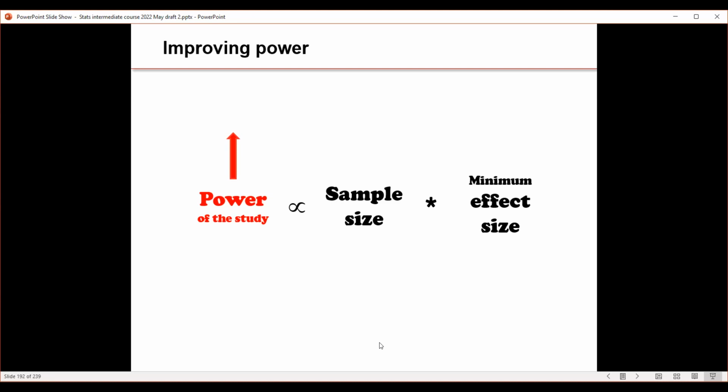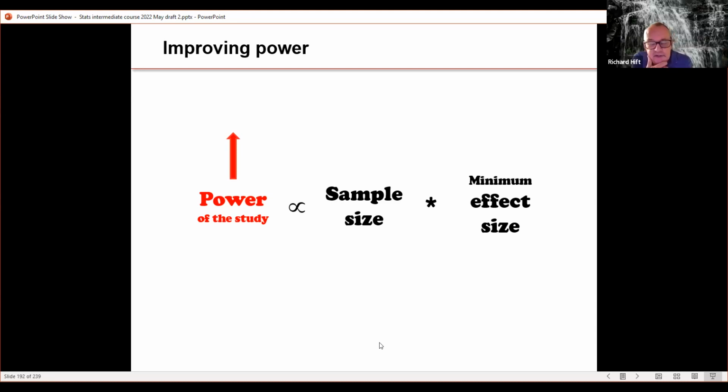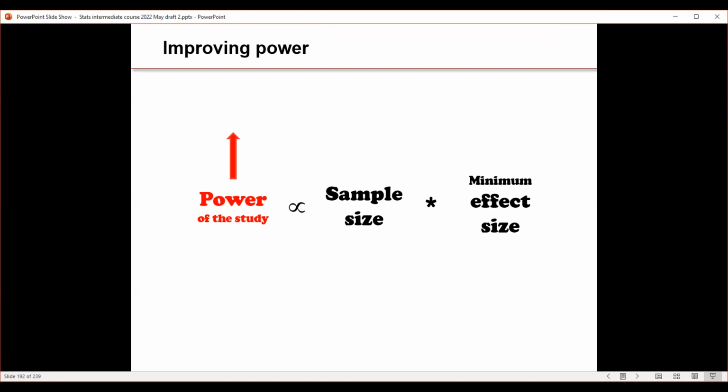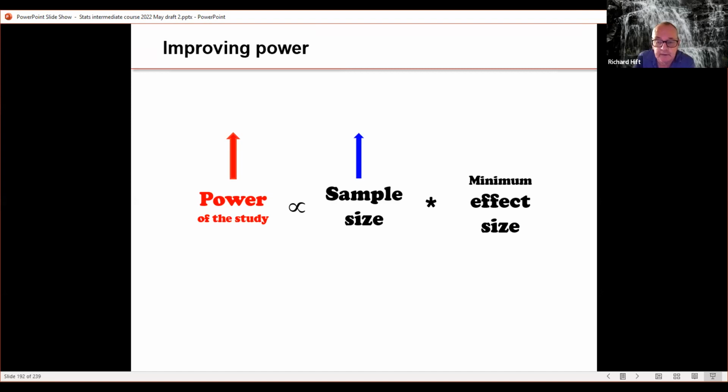Good. Right. So what could result in the power of our study improving, which would be a good thing? We could increase sample size. That's straight maths. And we could increase the effect size.